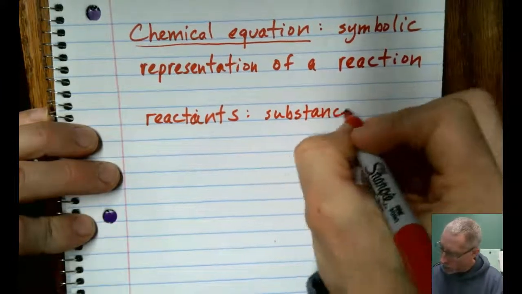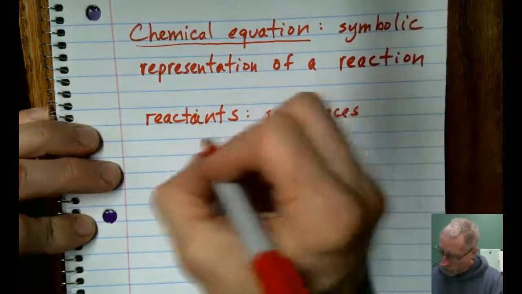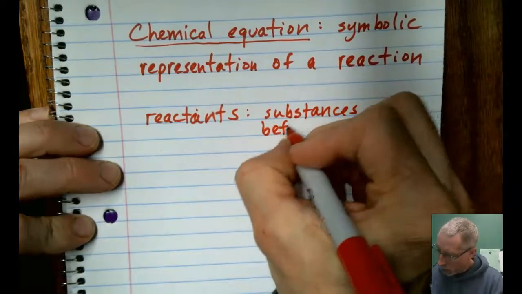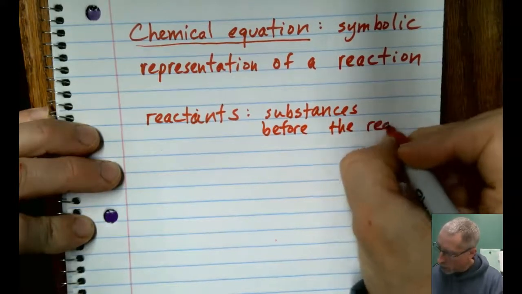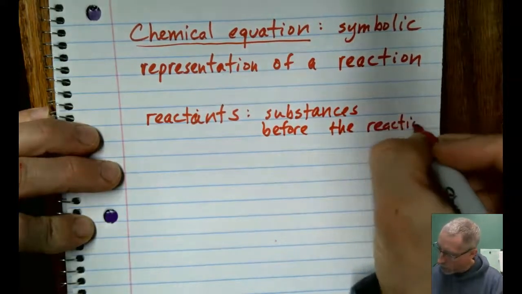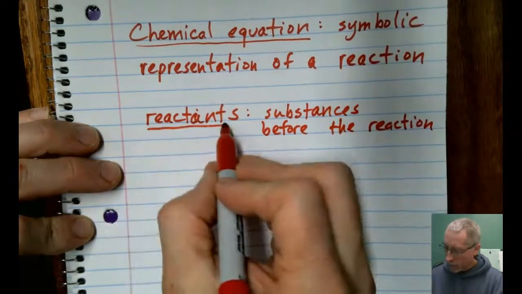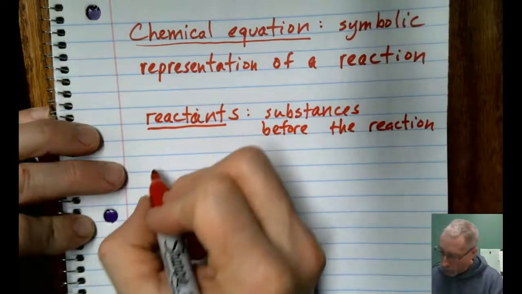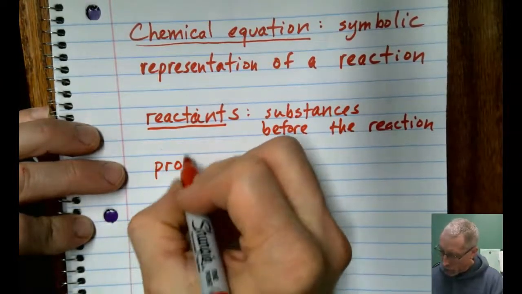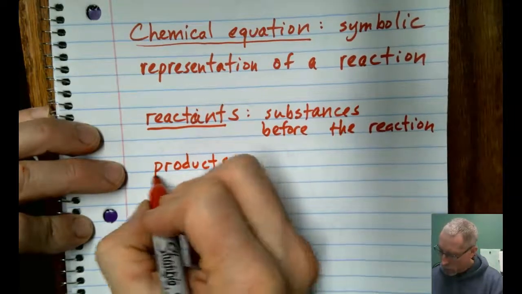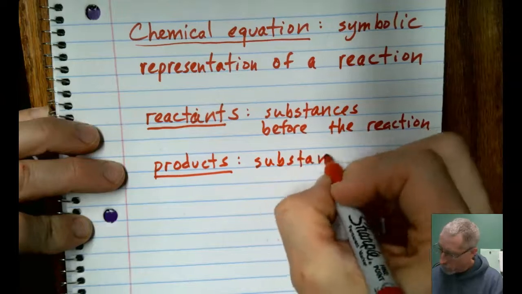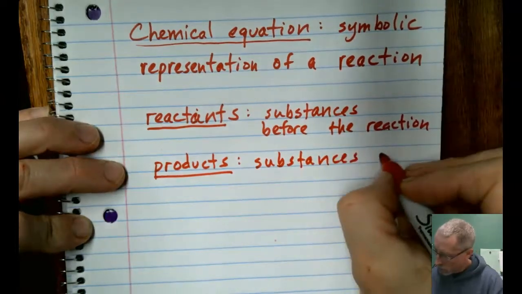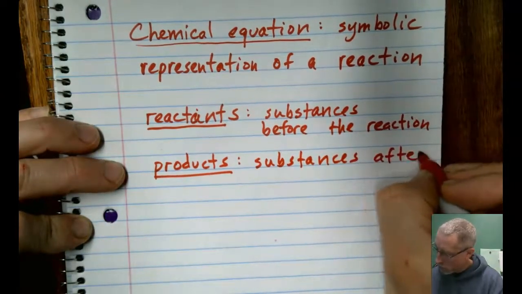So any substances before the reaction are called reactants. And the products are the substances after the reaction.